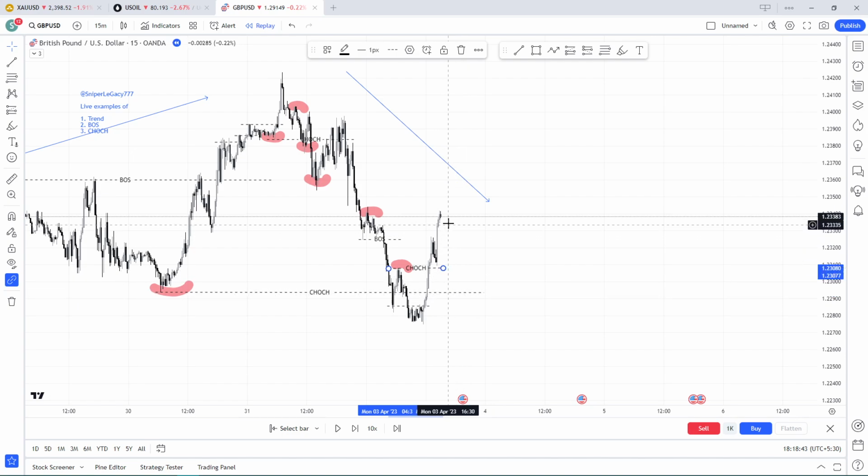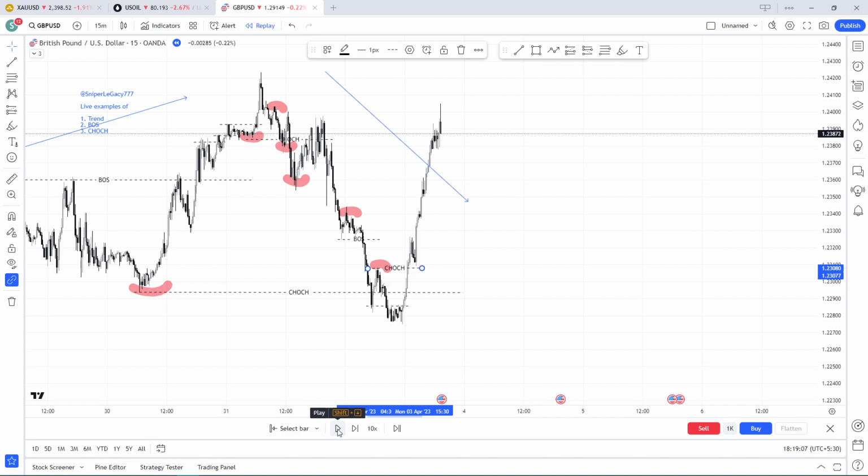Now what we can expect is GU can come back and go up and give one more BOS, and that will confirm an uptrend, because one CHOCH and one BOS towards any direction confirms the trend in that direction. Okay, so I'm going to replay the chart.